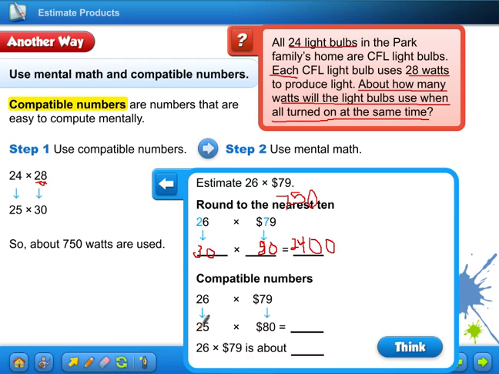So if I had 8 quarters, how much money would I have? 8 times 25 would be 200, like 200 pennies. And then I'm going to add the 10. So 26 times 79 is about 2,000 if you did the compatible numbers.